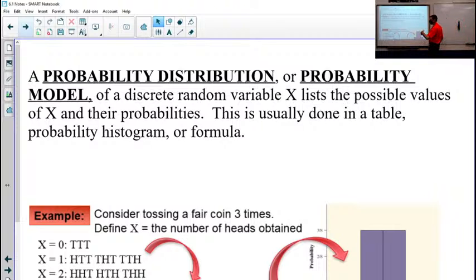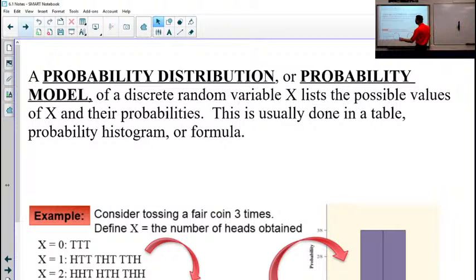And so what makes it a discrete variable is that we're keeping track of how many heads we get. So first we're going to list off the possibilities of the number of heads we could get. We could get 0 heads, we could get 1 head, we could get 2 heads, we could get 3 heads. Those are the different possibilities. And then what's the probability of it happening?